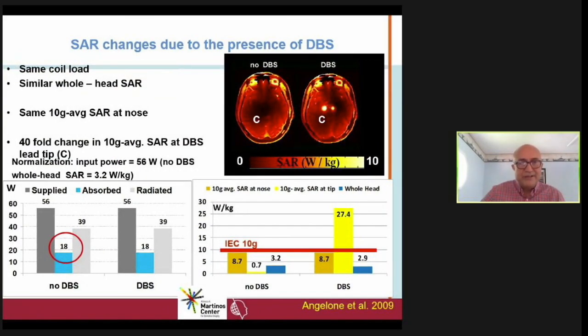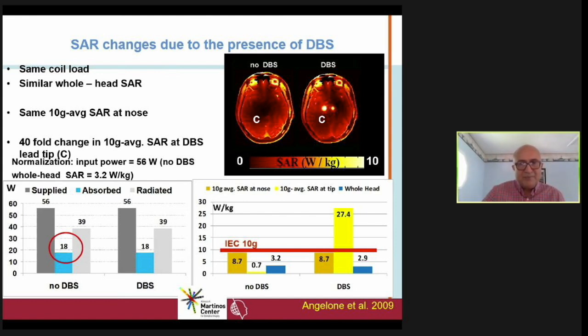This corresponds to very large changes in the specific absorption rate. And we don't look at the average anymore because the size where the peak occurs is very, very small. But we look at a different standard, which is the 10 grams SAR. And in this case, the 10 grams SAR, in the case of DBS, was shooting up very, very high compared to the no DBS case.